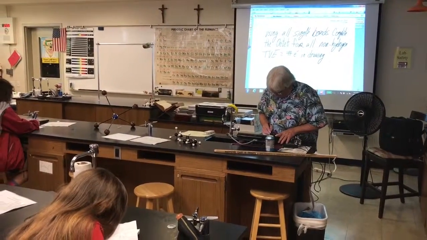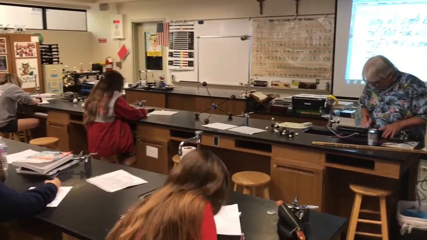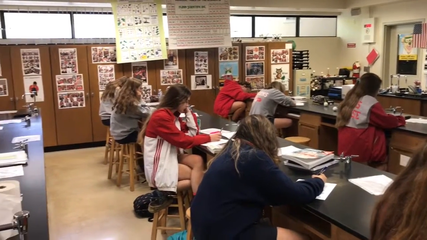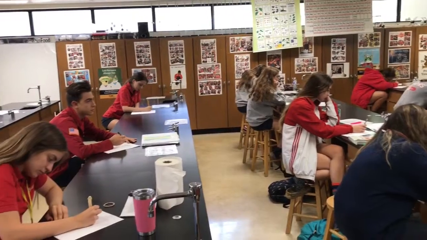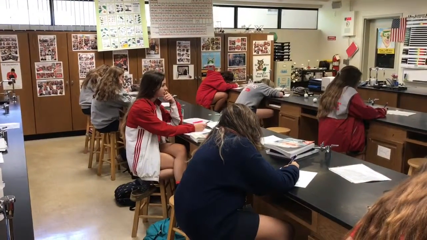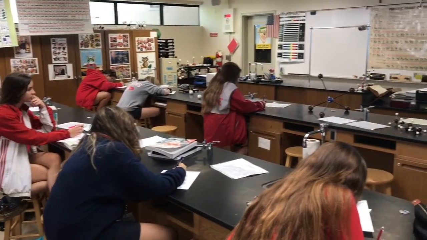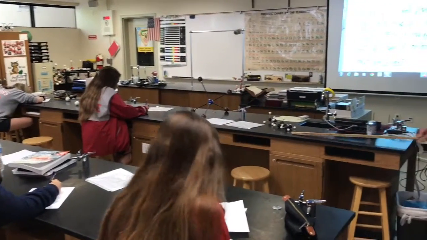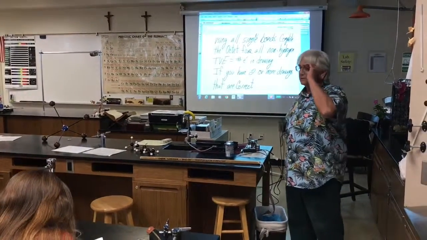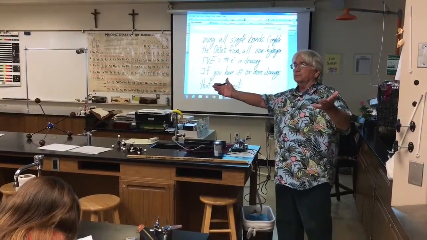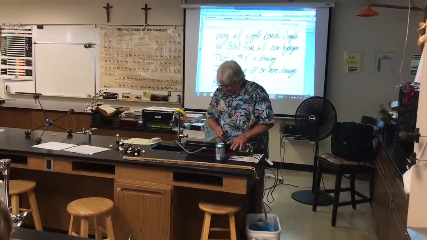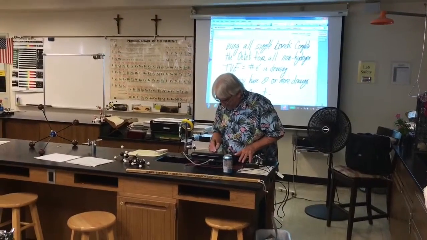If you have 2 or more drawings that are correct, in other words, you see that you can draw a particular molecule a couple different ways, and when you check the total valence electrons and compare it to the number of electrons in each one of these differently drawn molecules, same formula, and you realize they both work, then you have to go to formal charge to evaluate which molecule is the correct one. So if you have 2 or more drawings that are correct, we use formal charge to decide.